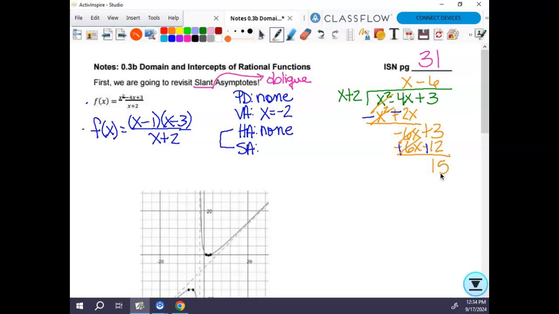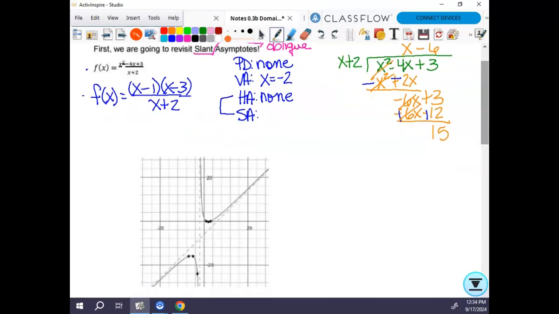Okay? So when I divide all that, what I get is y equals x minus 6 plus 15 over x plus 2, right? That's exactly what I get when I divide. But only this part is my slant asymptote, right?